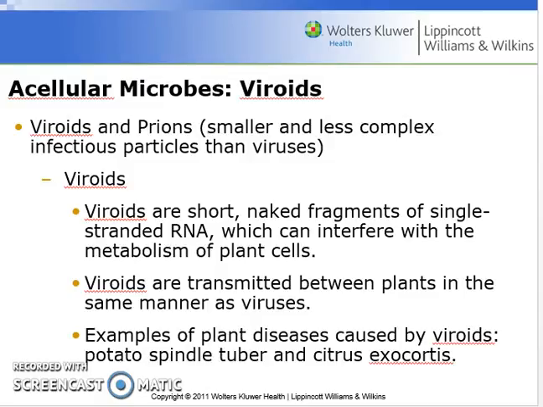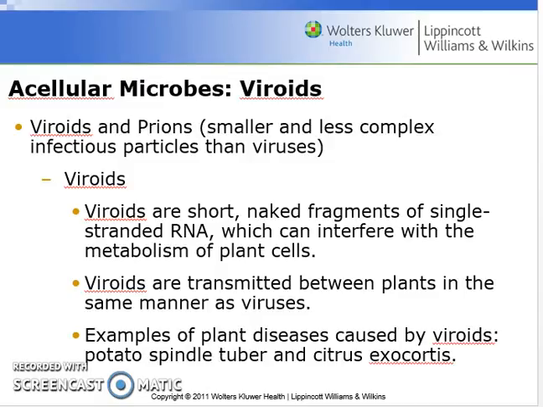Some examples of illnesses in plants caused by viroids include potato spindle tuber as well as citrus exocortis, which have some interesting effects on susceptible plants. With potato spindle tuber, you simply get very small potatoes that develop, and they are typically spindle-shaped, which is what the name implies.